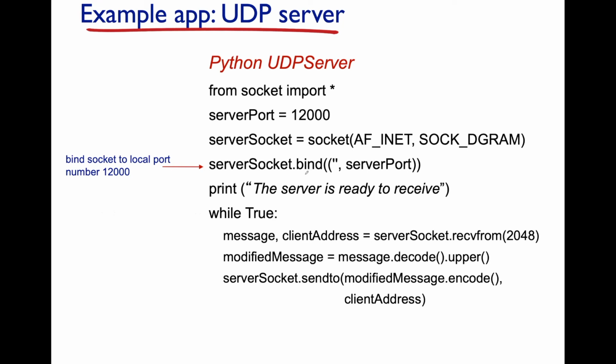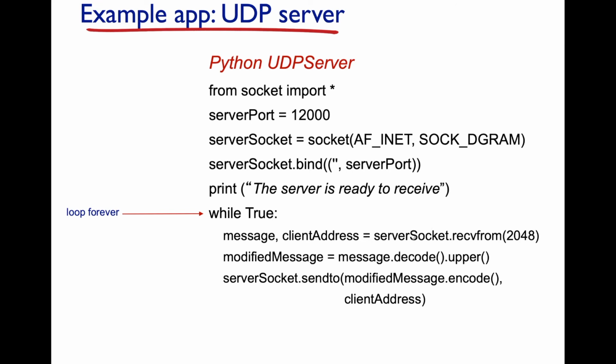And so now you sit in a tight loop and you continually, again and again, remember the server is always on, you listen to that socket for an incoming request, and that socket is per connection.